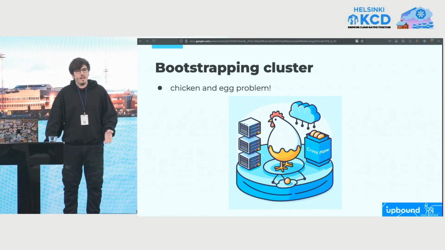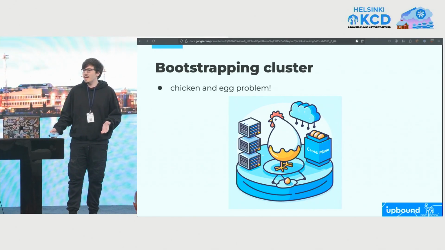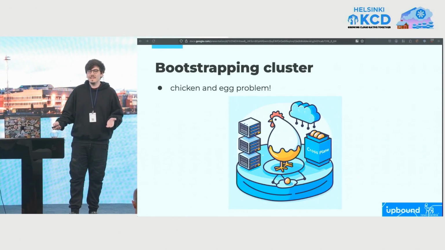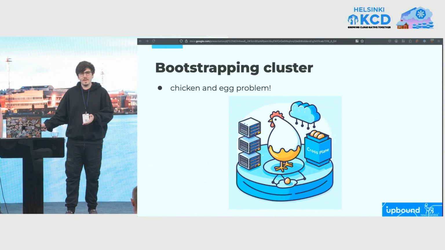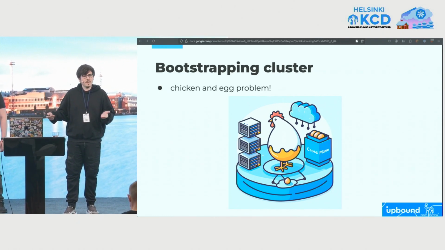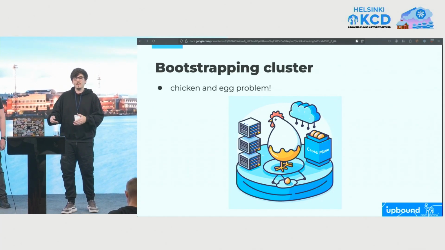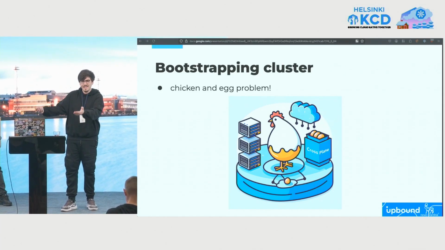So how do we bootstrap a cluster in an air-gapped environment? Well, Crossplane needs to run on top of Kubernetes, but what spawns the first Kubernetes cluster in which Crossplane is going to run? This poses, of course, a chicken and egg situation: how you deploy the cluster, and then that cluster deploys other clusters, and then other clusters.